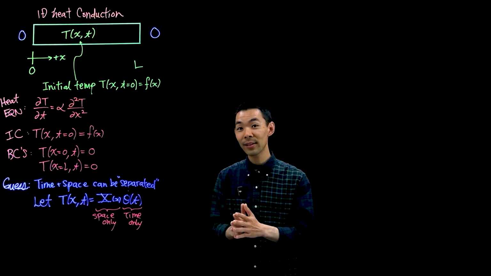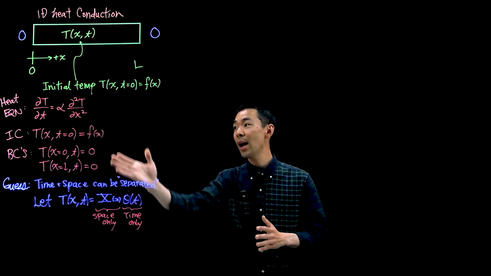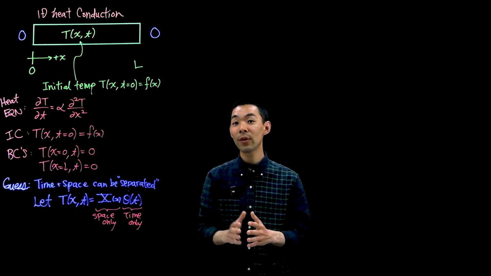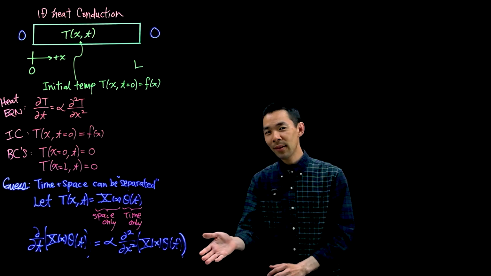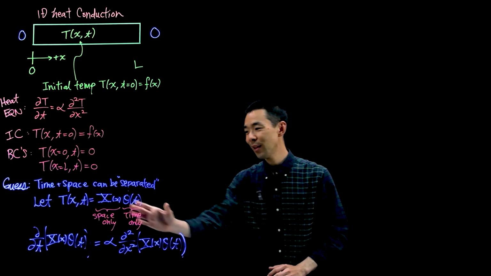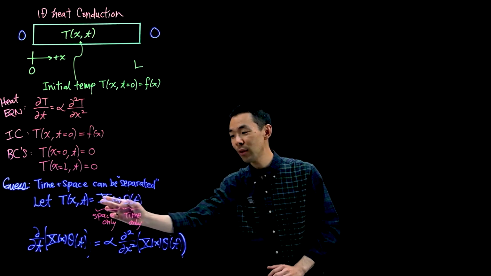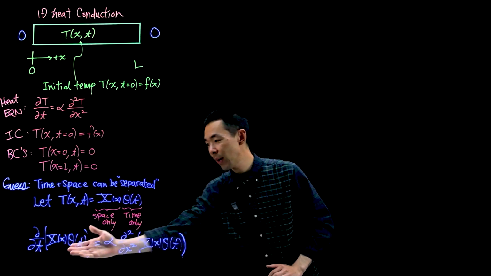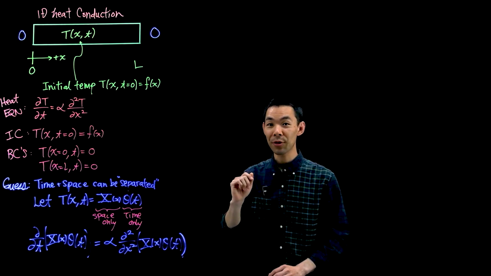So what we're going to do next is to substitute this guess back into our original partial differential equation and see what happens. We're just directly substituting this guess of separating the temperature profile into a product of 2 functions directly into the 2 expressions here coming from the original heat equation.